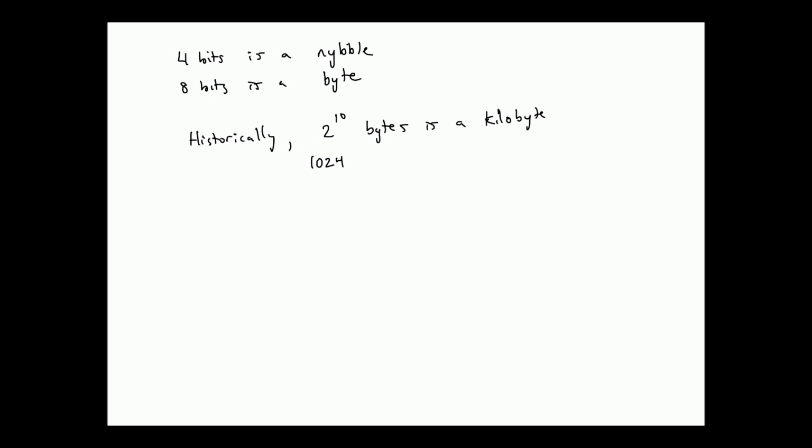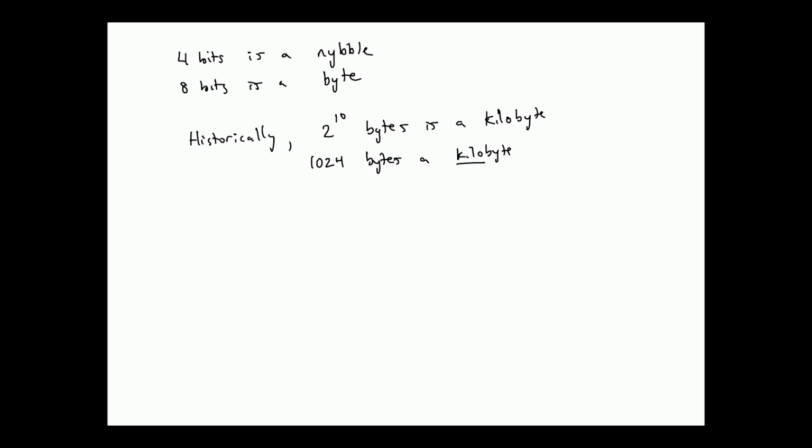All right, I'll use 1024 as the first unit of a bunch of things. 1024 is pretty close to 1,000, and so whoever made this up decided, okay, I'll call 1024 bytes a kilobyte.